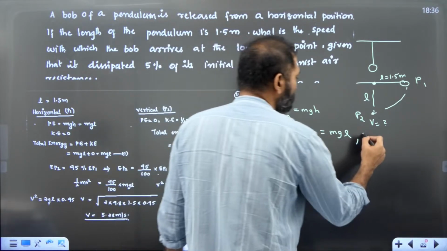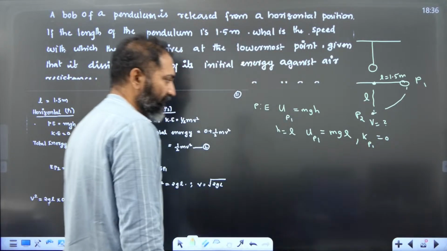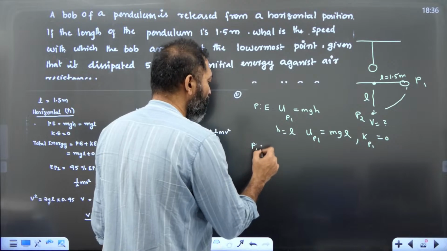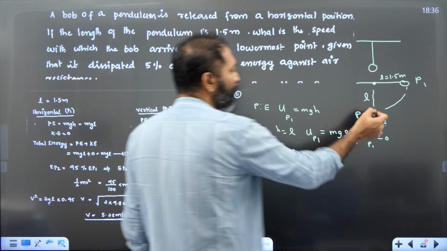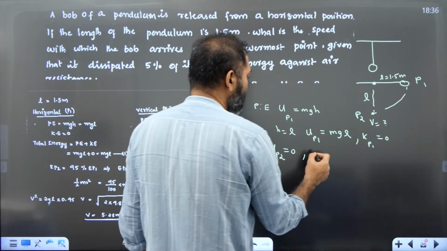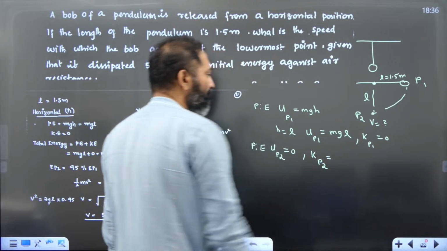And kinetic energy at point P1 will be 0 because it is at rest. Now potential energy at point P2 will be 0. At the equilibrium position or mean position, potential energy will be 0. And kinetic energy at point P2 will be what?